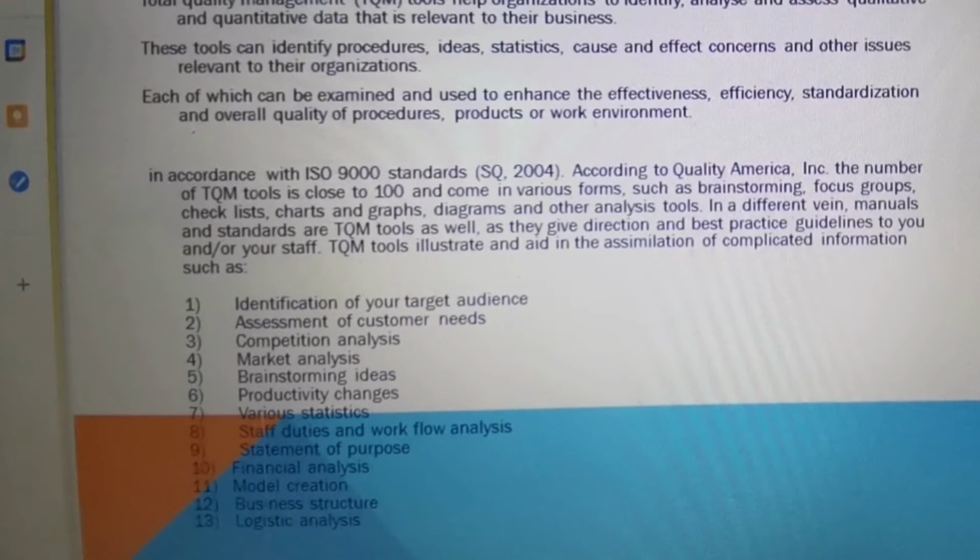Just like what I have told you, this also includes qualitative tools, like for instance brainstorming and the focus group. These are not quantitative tools, these are qualitative tools, and later on you will know how these tools are used.